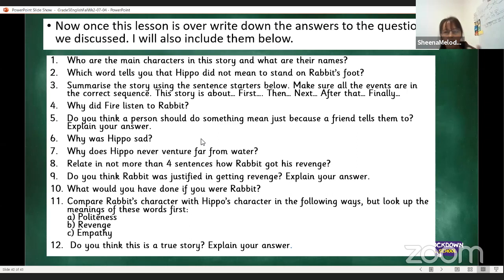You should be able to access the PowerPoint that I have for you here, go back to the slides, read the story, and answer these questions. Then you can go back on my slide and you'll see I've put in the answers, so you can check your own work. But I want you to try and answer them before you look at my answers.